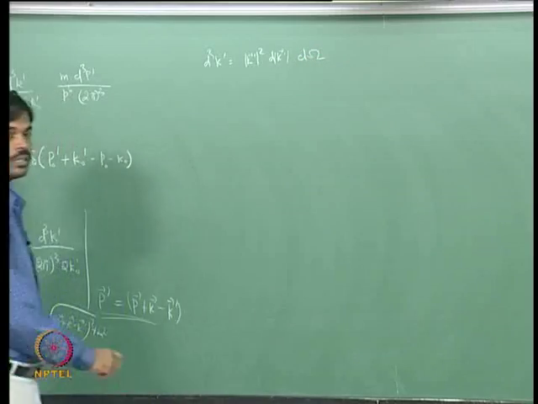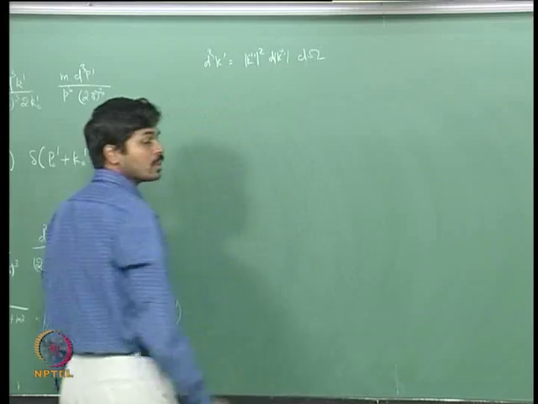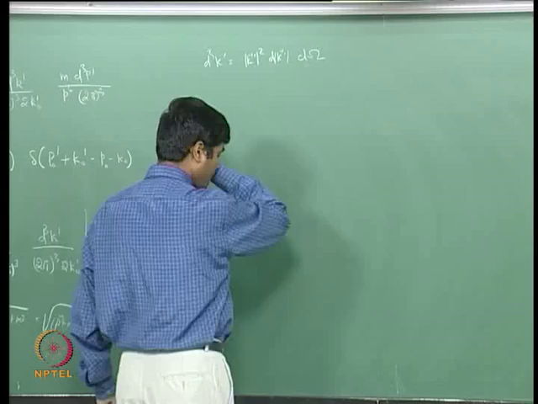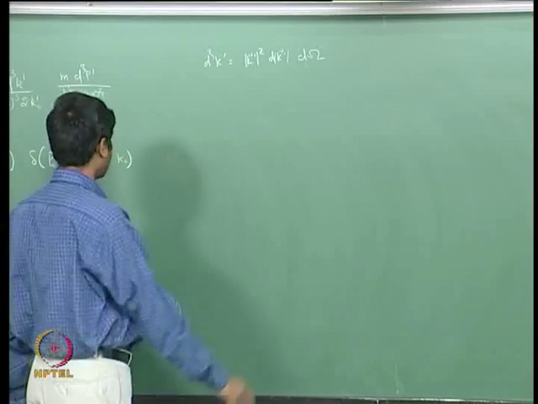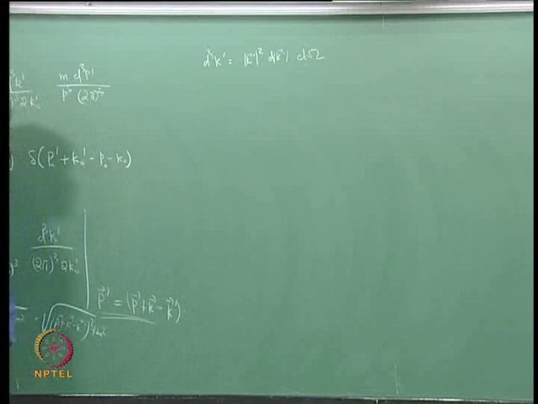I will call the solid angle in the momentum space for the outgoing photon d omega. We will further integrate over this k prime variable and then we will see what we get.